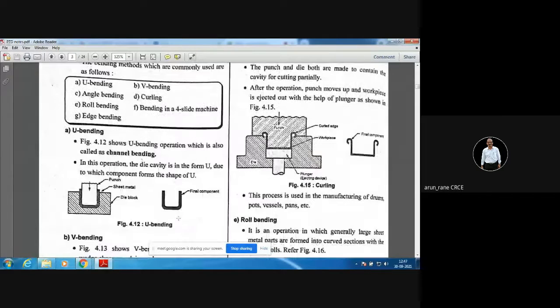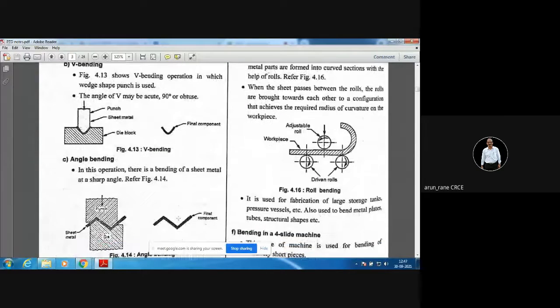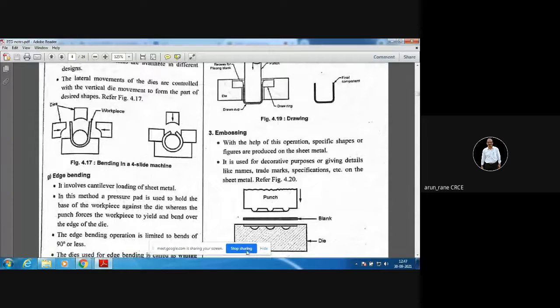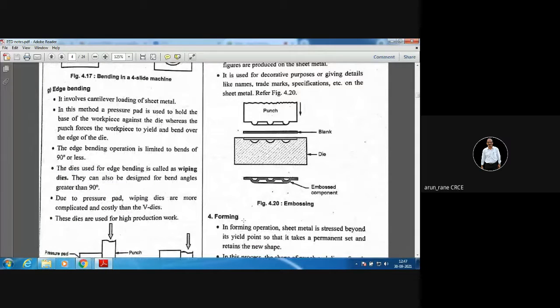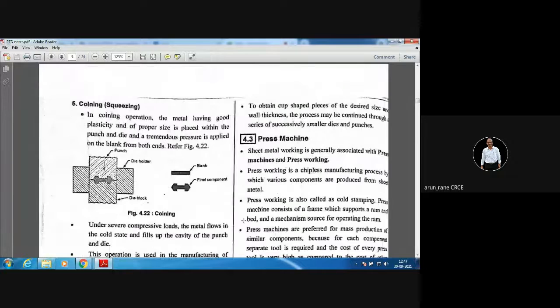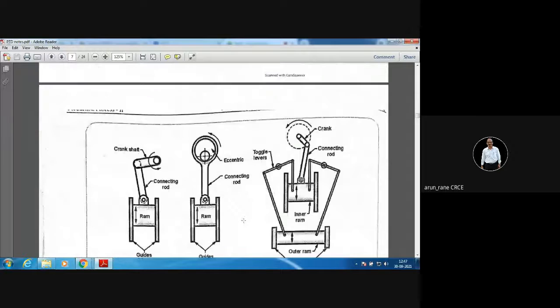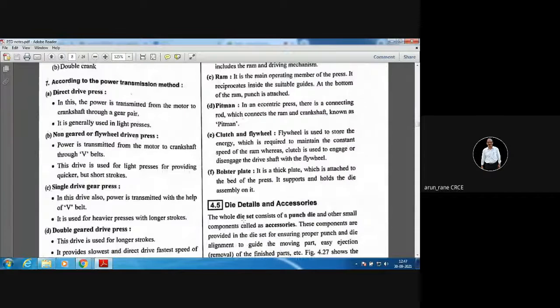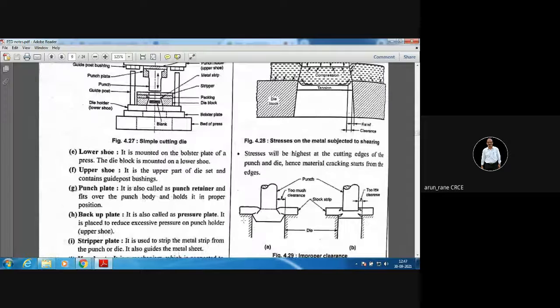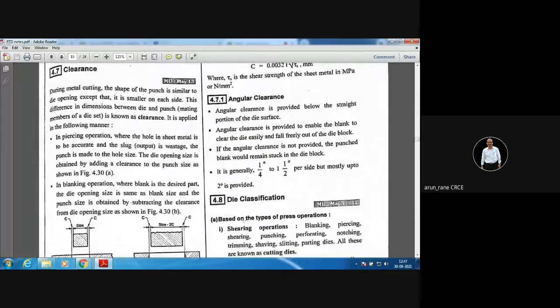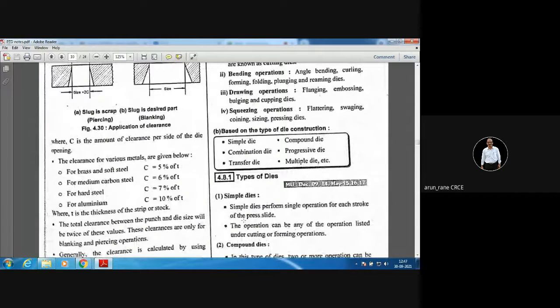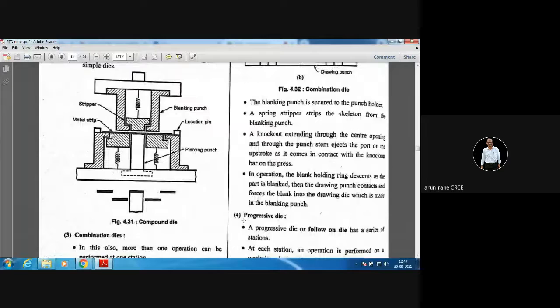So these operations have been discussed. Of the press also you are aware, what are the different types of dies, clearance, that also we have done.